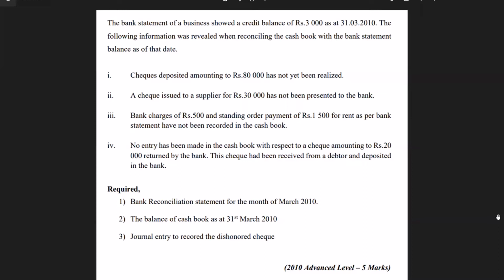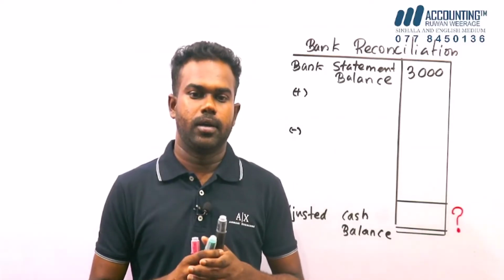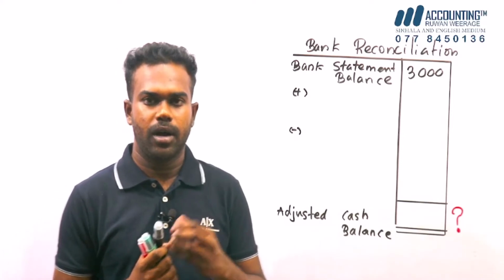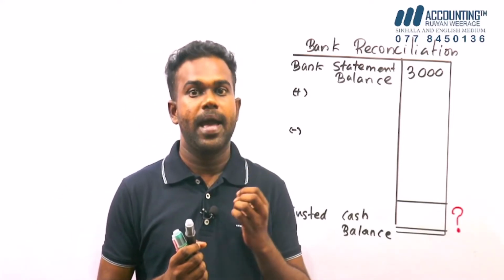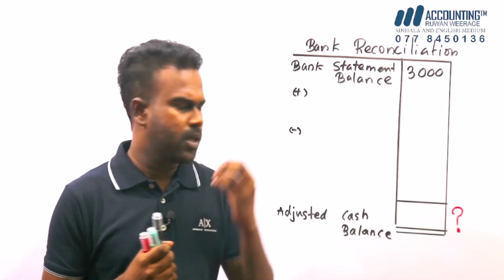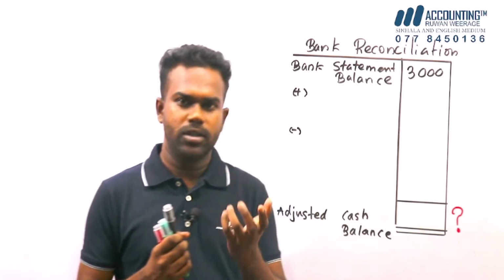So number one, we have to prepare the bank reconciliation statement. But look at the balance. The question has actually given the bank statement balance, not the cash account balance.